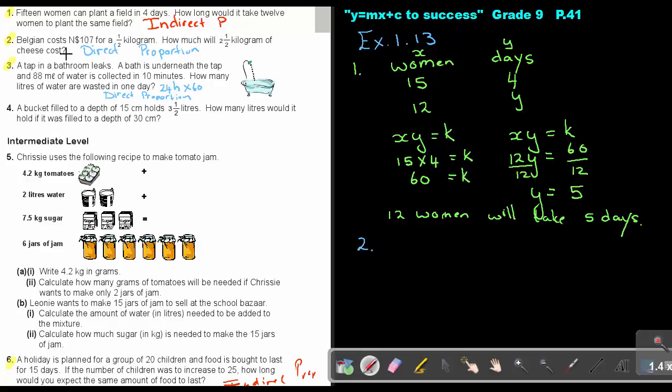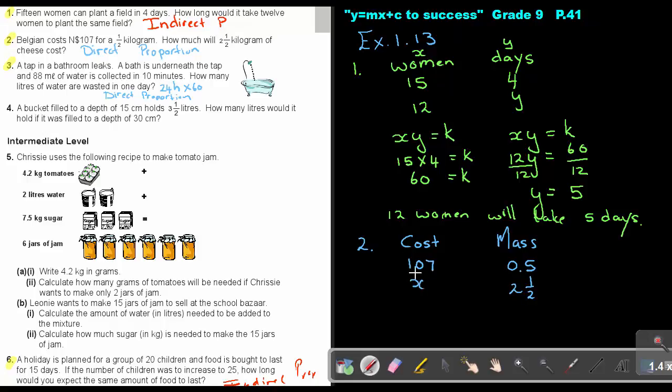Okay. And then the next one, if we just go to number 2, see if we can still fit it. Belgian geese cost 107 for half kilogram, so it's the cost, and this is the mass. So the cost was 107, and it is for a half, so let's make it 0.5. And now 2.5, so it's 2.5, and let's make it x.